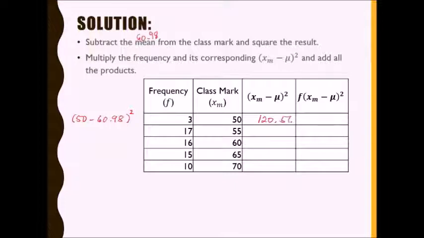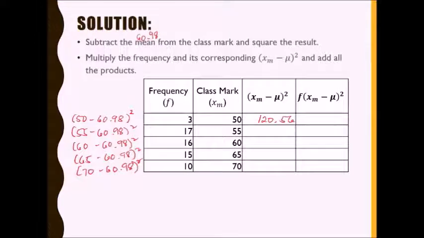So we write 120.56. We apply the same process to the following values: 55 minus 60.98, 60 minus 60.98, squared, 65 minus 60.98, and 70 minus 60.98. All the answers we will put in this table.